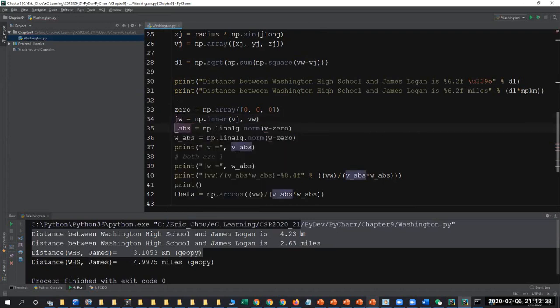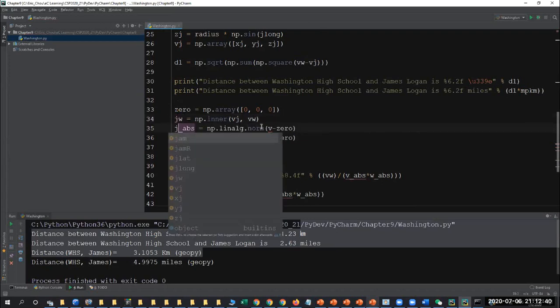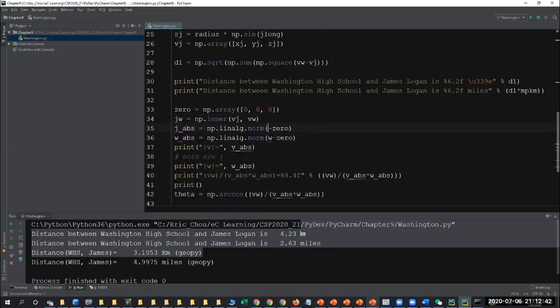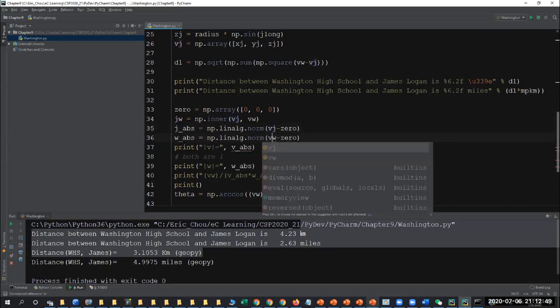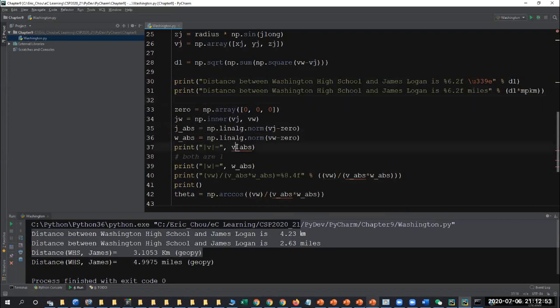So here we have J absolute value, which is Vj minus 0. This one is Vw minus 0, plus W absolute. This one is J absolute.